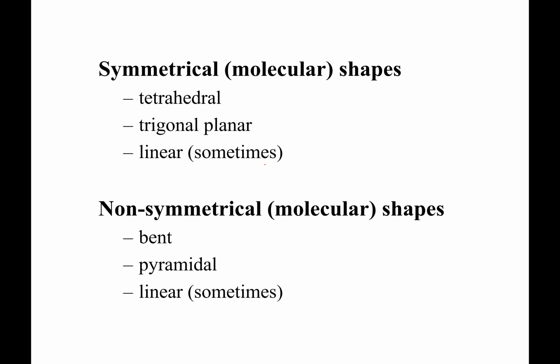Pyramidal, remember I said methane is a good example, and then NH3. It looks like they have a weird bond angle going on, but lone pair electrons here: nitrogen, hydrogen, hydrogen, hydrogen, with a lone pair. That's pyramidal. And then linear. An example of linear that's asymmetrical would be if I was to have something else here. If they weren't equal, that would be asymmetrical.